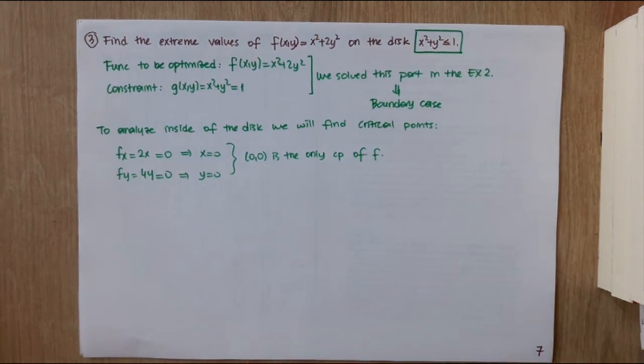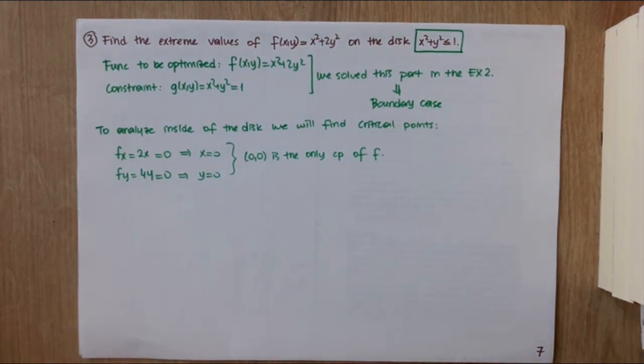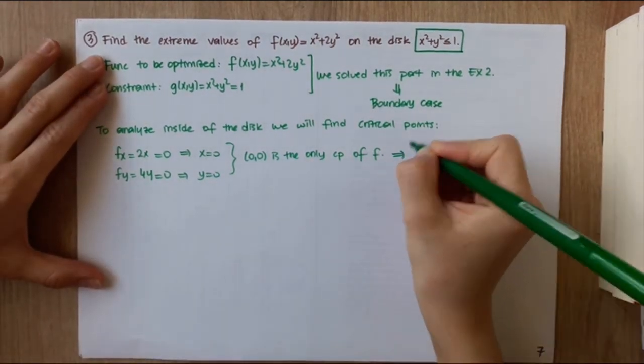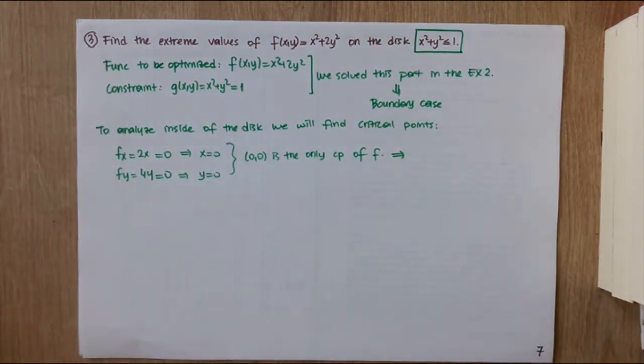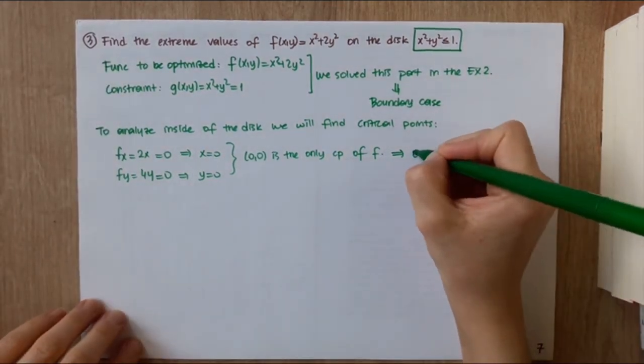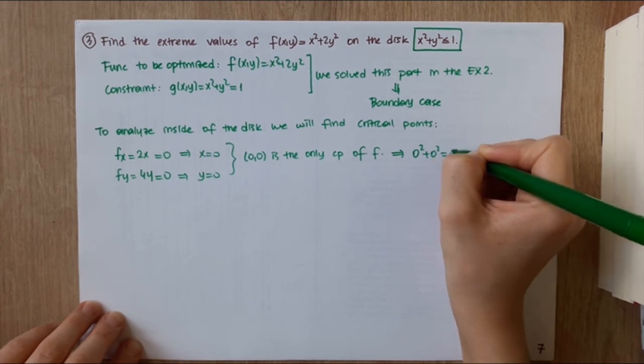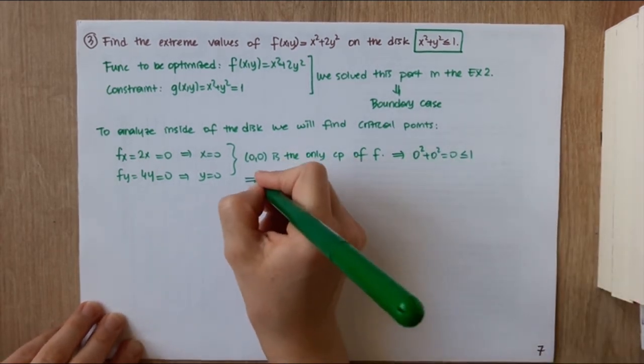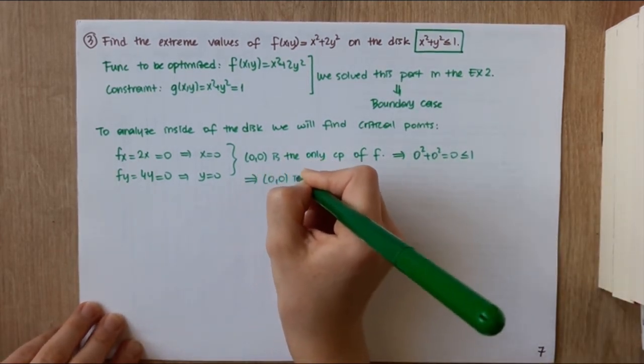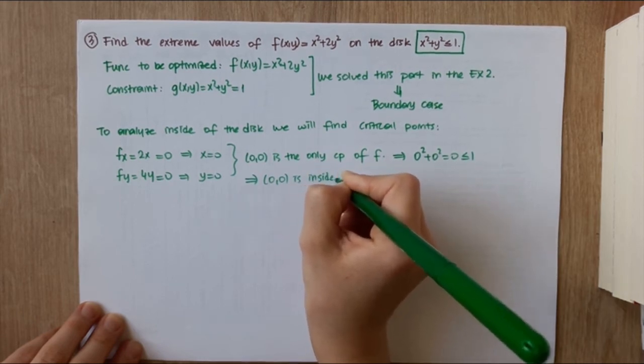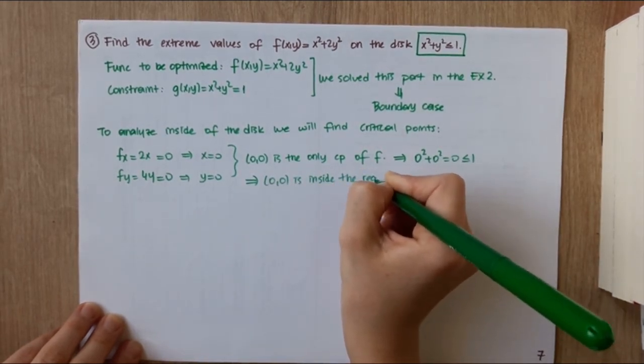But we should check whether or not it is inside the given region. So to do this, I will substitute it in the given inequality for the region. 0 squared plus 0 squared, which is 0, is less than or equal to 1. So (0, 0) is inside the given region.